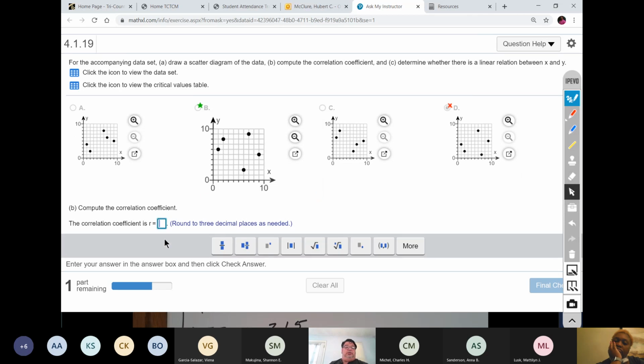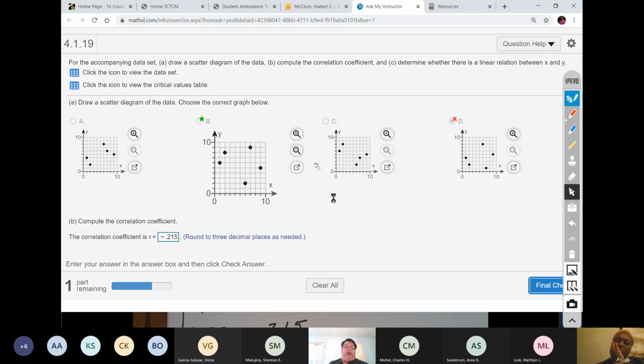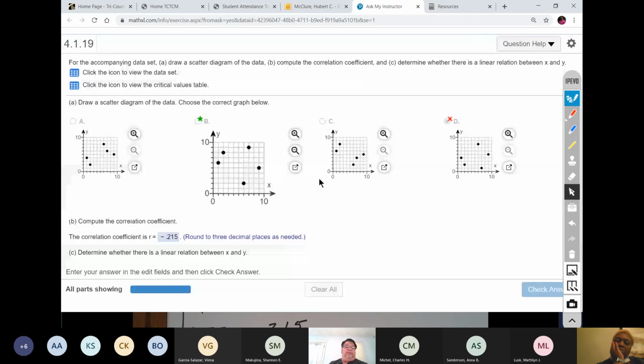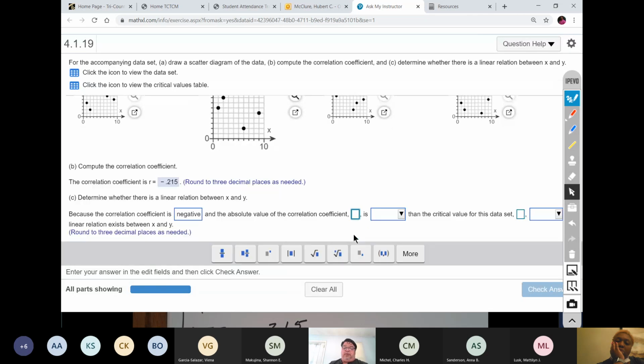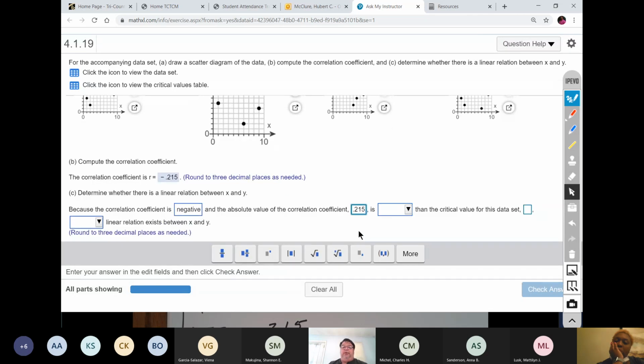My R is negative 0.215. My absolute value, okay, it is negative. The absolute value is 0.215, which is not greater than 0.878.